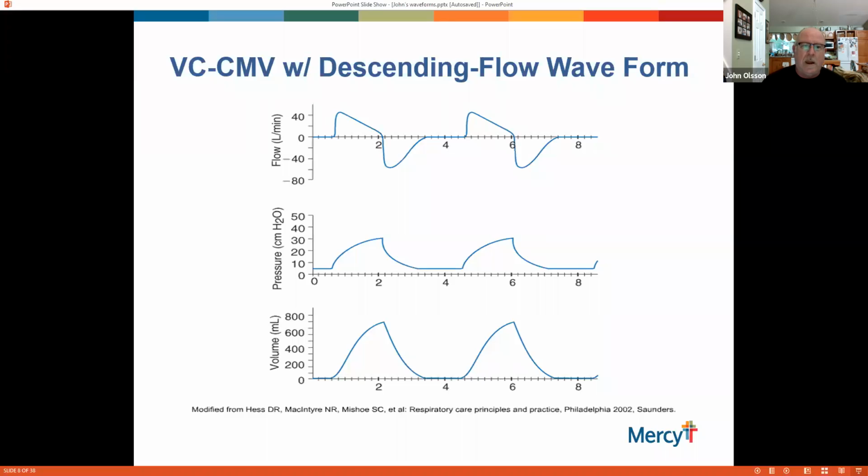That's not the normal way, and so that pressure is going on the path of least resistance. What I mean is, if you have a pneumonia on the right and you are good on the left, your lung is open on the left, a lot of that flow is going to want to go to that left lung, because it's using the pressure to push that volume into the lungs. And sometimes that's not really what you want when you're trying to ventilate somebody.